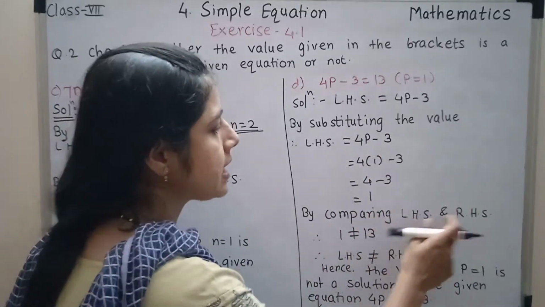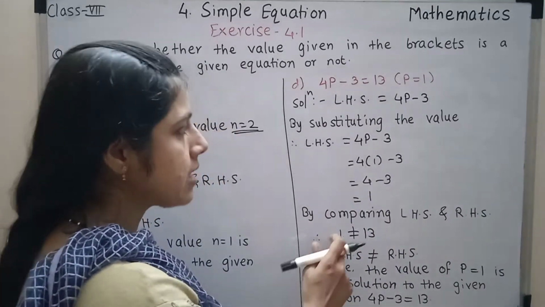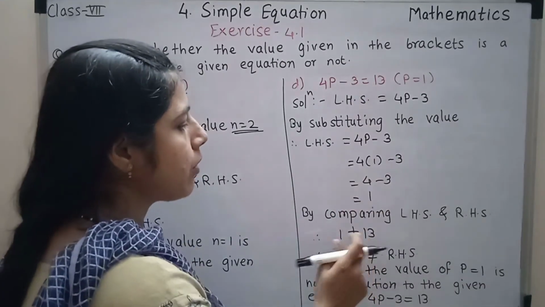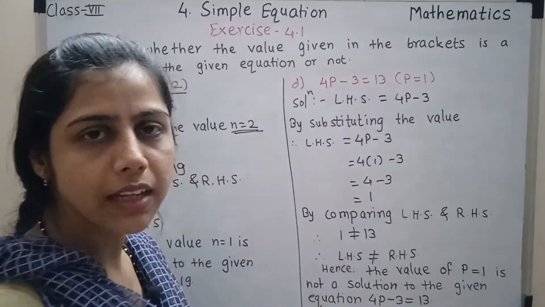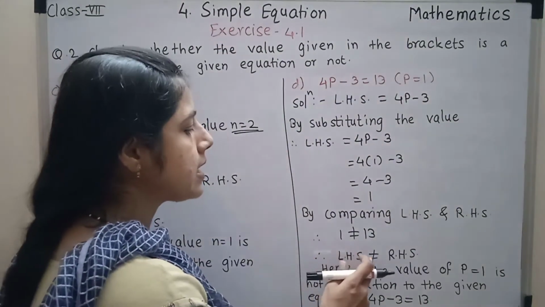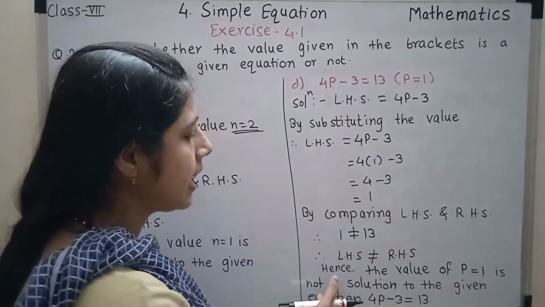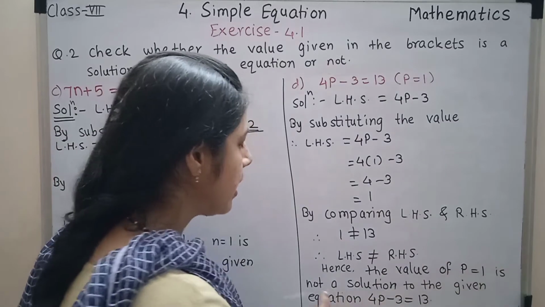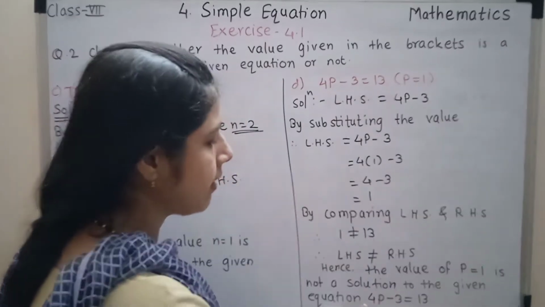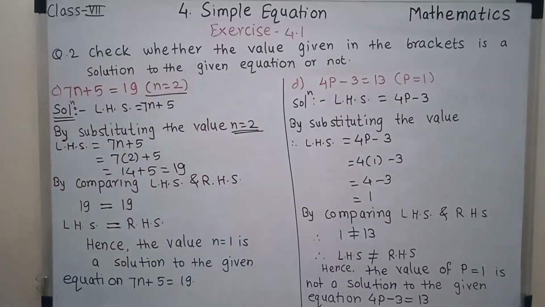By comparing the LHS and the RHS, LHS we have calculated is 1 and RHS is given as 13, but both are obviously not equal. Therefore LHS is not equal to RHS, and hence the value p equal to 1 is not a solution for the given equation 4p minus 3 equal to 13.